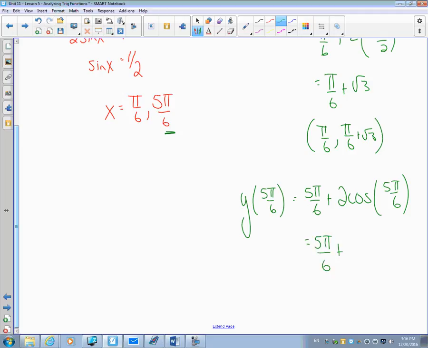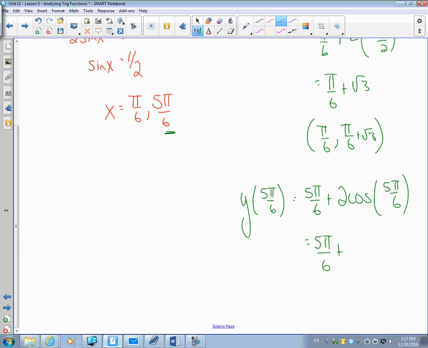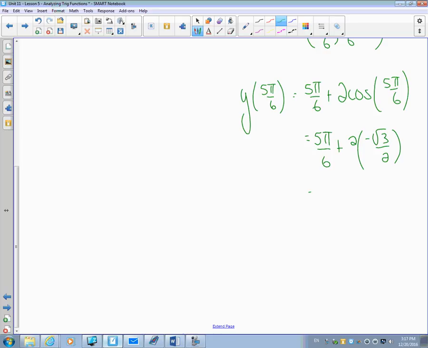And cos of 5 pi over 6 is negative root 3 over 2 this time. So plus 2 times negative root 3 over 2. So we end up with 5 pi over 6 minus root 3 this time. So our other extreme value is 5 pi over 6, comma, 5 pi over 6 minus root 3.